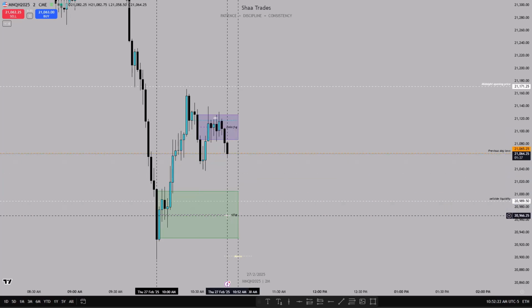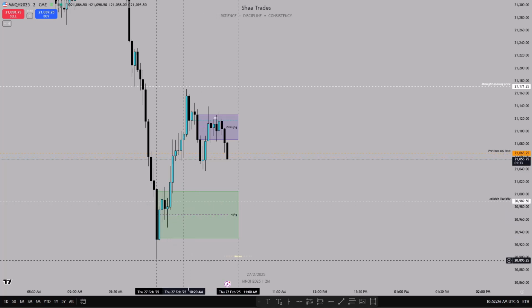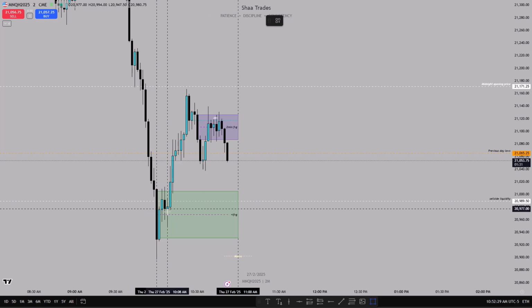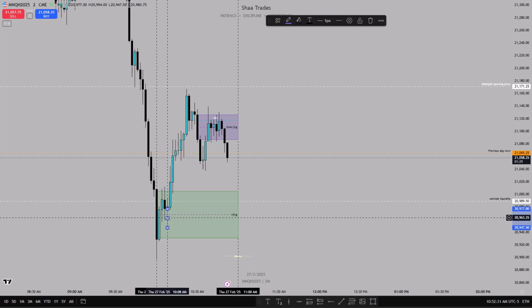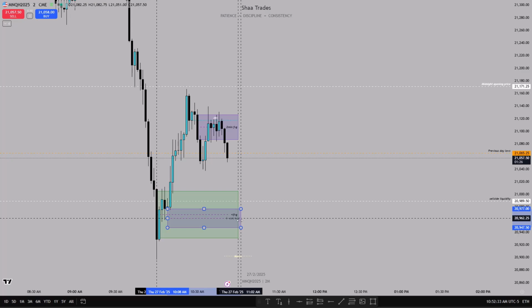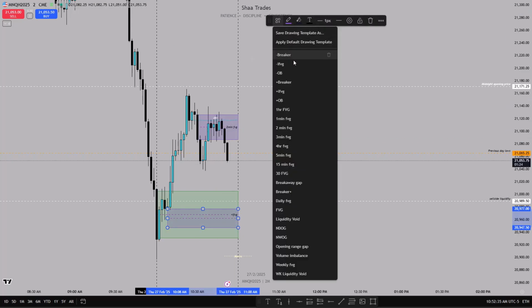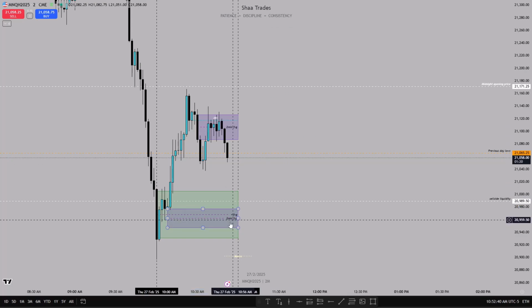It could go down, retest this, and let me tell you about these wicks. These wicks here, don't sleep on these wicks, because price would come back and react off that 2 minute wick. Let me rename that.